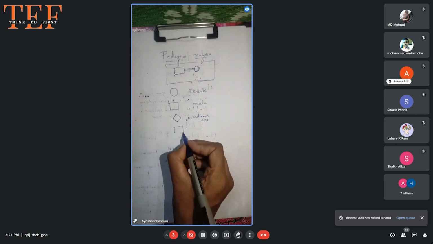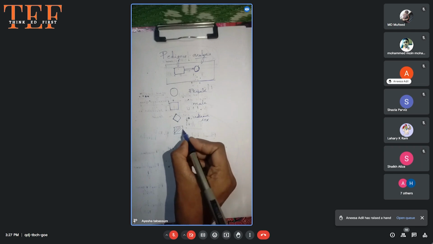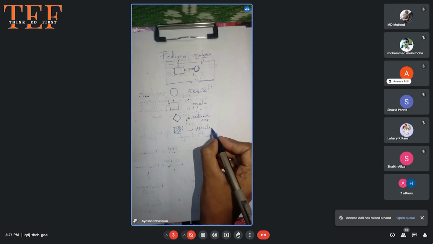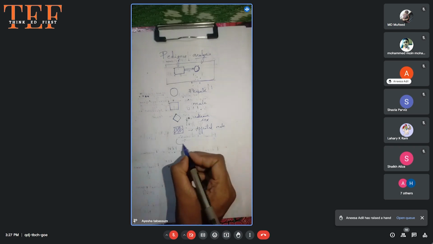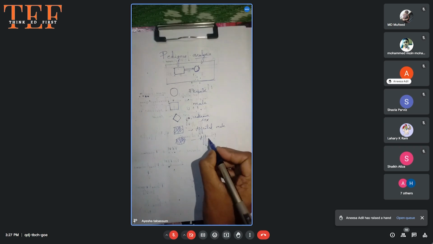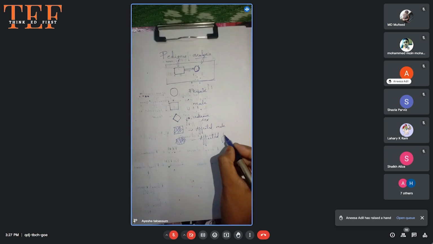Then if I put the box similarly like this, and if I shade completely, then it is an affected male. If I circle and if I shade, then it is an affected female.